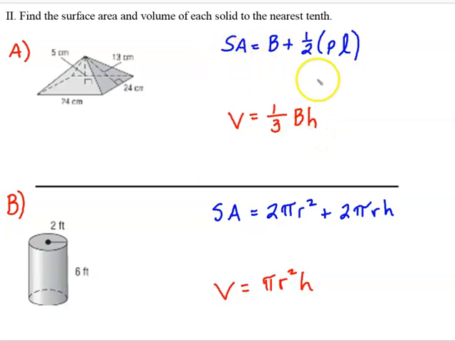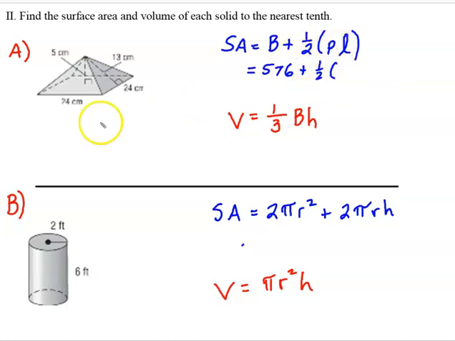Okay, so let's see if we can first come up with a surface area. We got to find the area of the base. The area of the base, since it's a square, is going to be 24 squared. So that's 576 plus 1/2 of, this is the perimeter of the base.